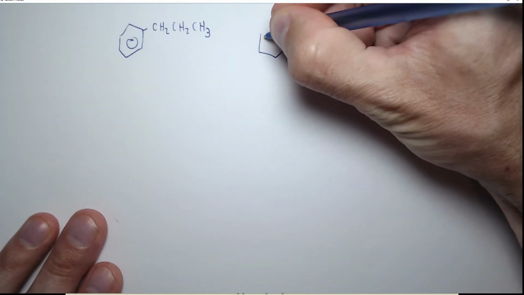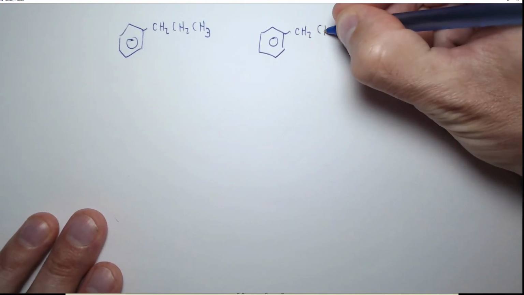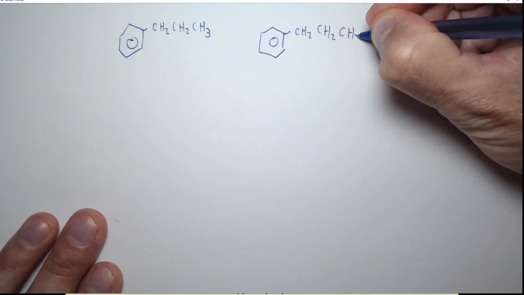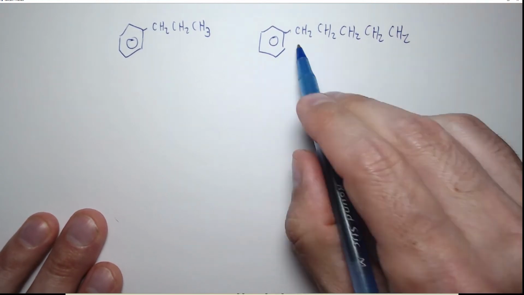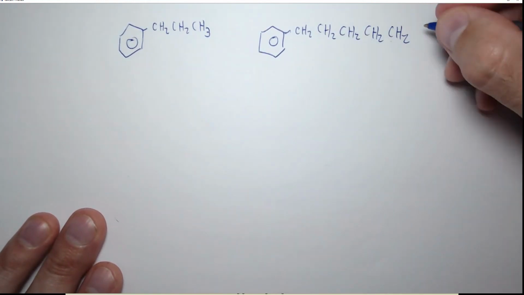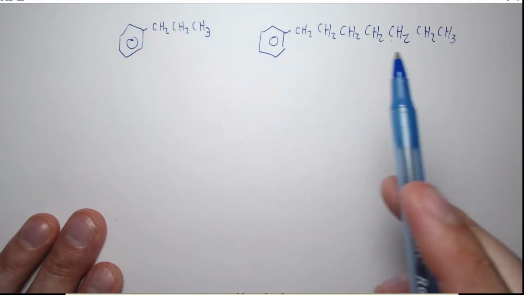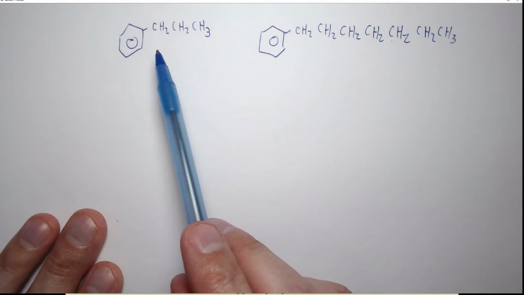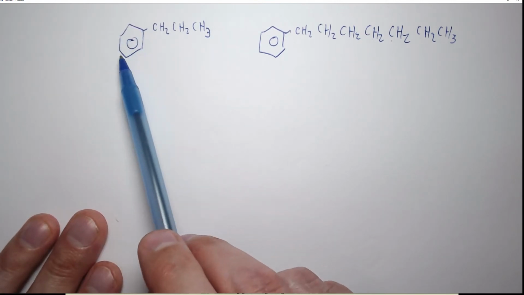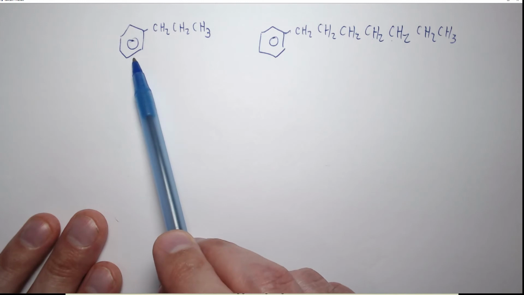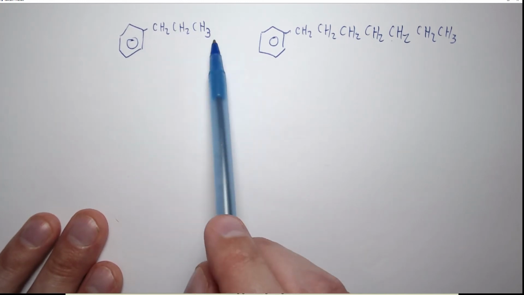Or we could have attached to this a CH2, CH2, CH2, CH2, CH2, that's 1, 2, 3, 4, 5, CH2, CH3, 6, and 7. So in this case, this benzene is considered the predominant structure because it has 6 carbons, and this group off of it has only 3 carbons.